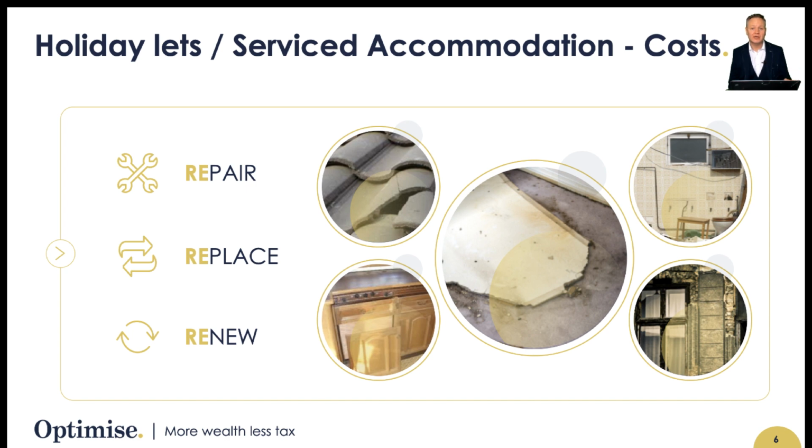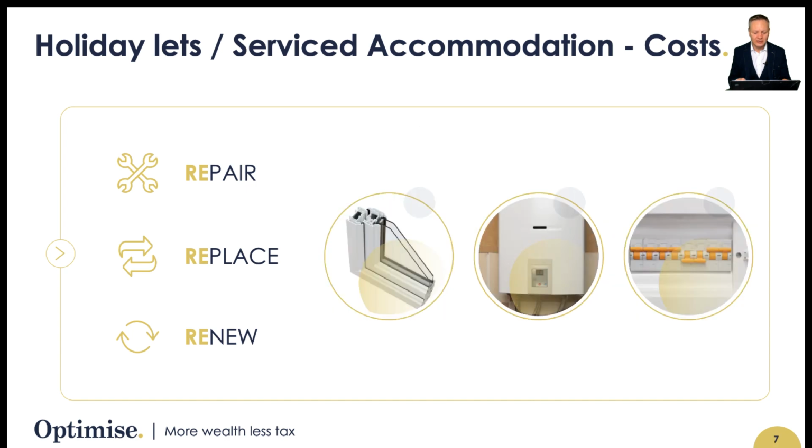That cost will be 100% allowed to be offset against your property income. You may also be replacing the bathroom suite because, let's be fair, it's not nice. You get better income per evening if it was in better condition. You might renew the paintwork and the plastering as well, which means that all of these costs I've talked about so far are 100% allowable to be offset against your rental income.